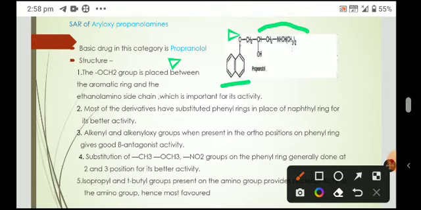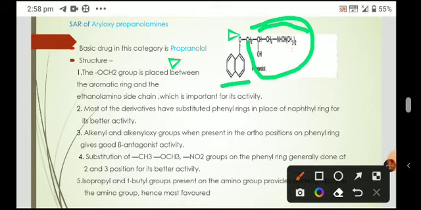Third point is that when alkenyl and alkenyloxy groups are present in the ortho position on the phenyl ring, they give good beta 2 antagonist activity. So when this alkenyl or alkenyloxy group is present on the phenyl ring at the ortho position, that produces good antagonistic activity.